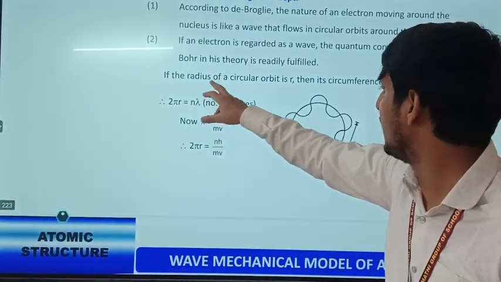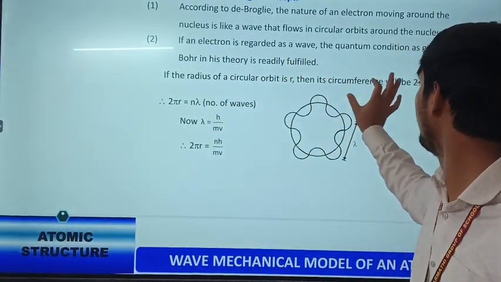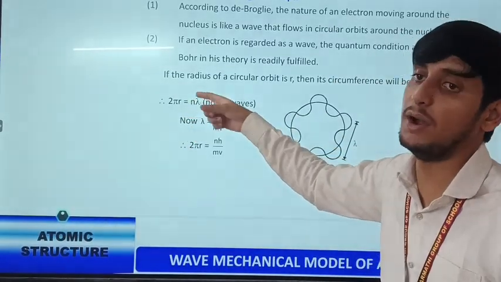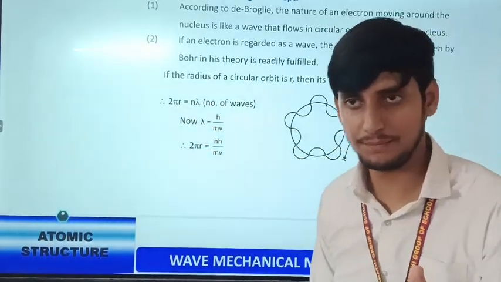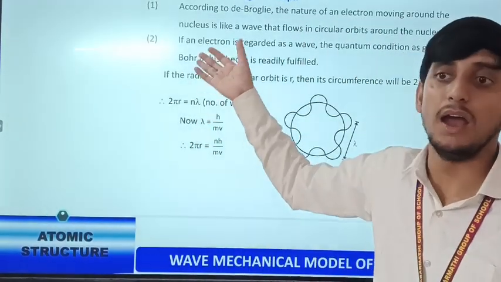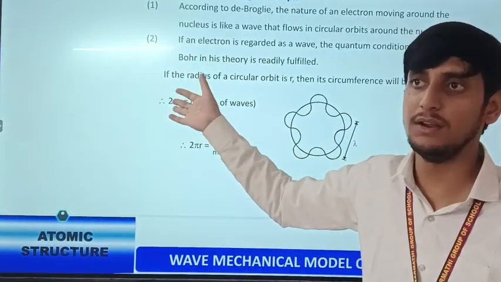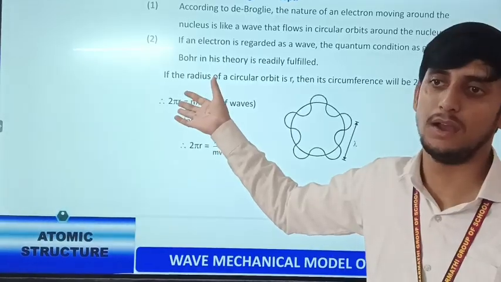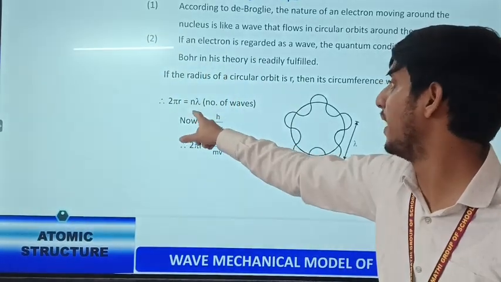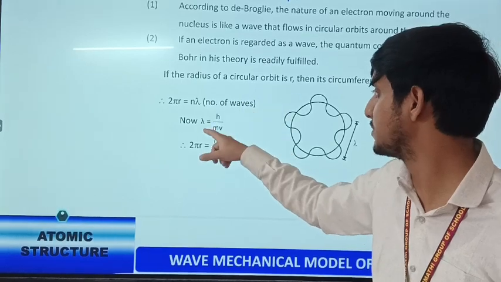If the radius of the circular orbit is r, then its circumference is 2 pi r, which equals n lambda. Here n is the number of the orbit, the number of waves, and lambda is the wavelength associated with that orbit.